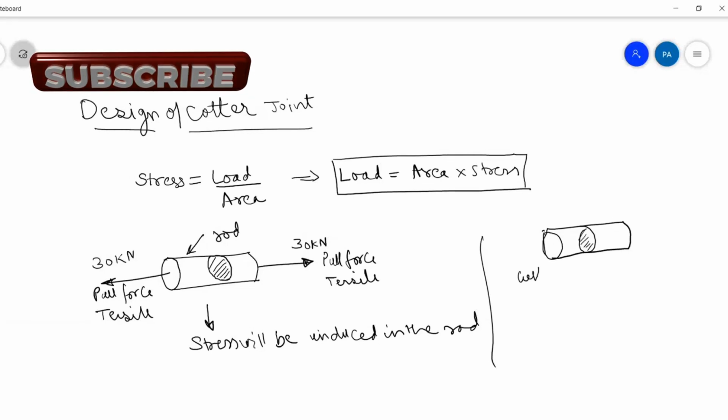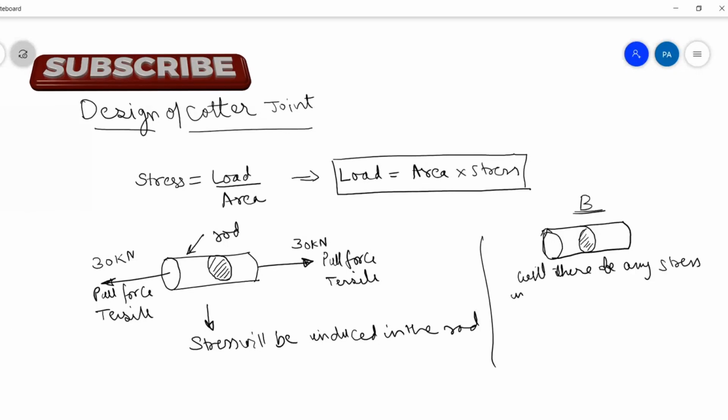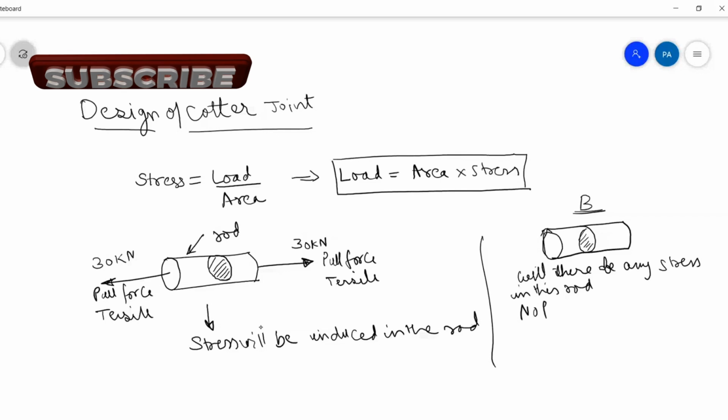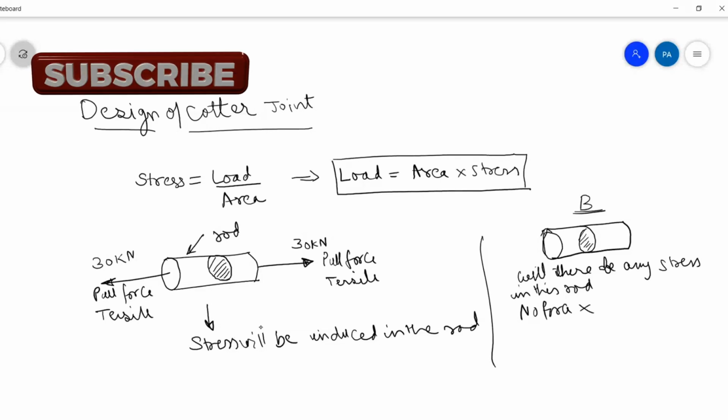Will there be any stress in this rod? No, sir, force is not applied. Yes, as there is no force, there will not be any stress.